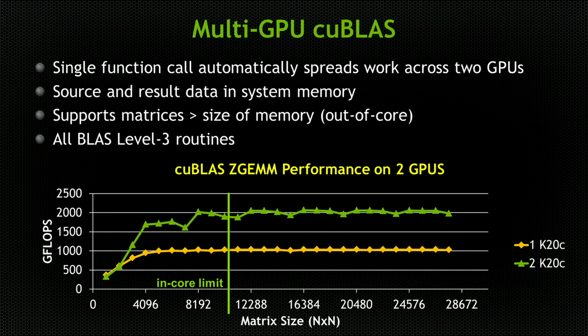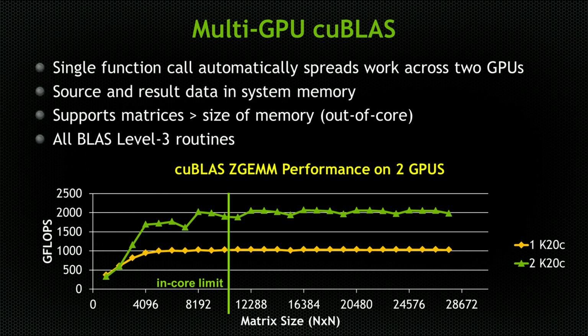Again, cuBLAS provides a host interface that provides not just multi-GPU scaling, but also out-of-core operation. So that means you can do matrices that don't fit in the memory of your GPU. This is all configurable. I mean, the matrix sizes and how it scales and what GPUs you use is all configurable. This is limited to level 3 routines.